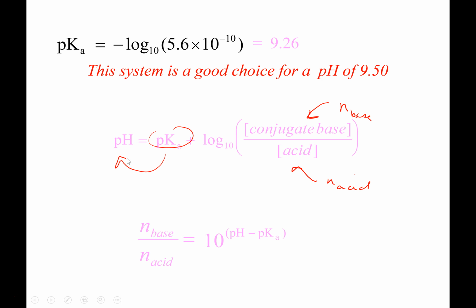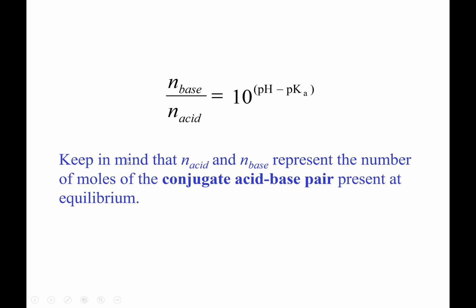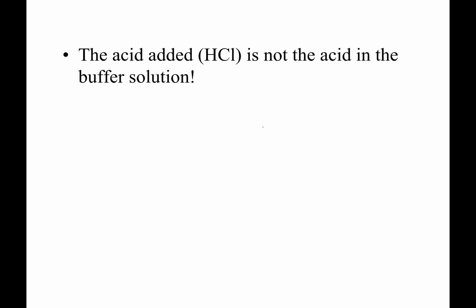So, where does that get us? Keep in mind that the base here is going to be NH3, and the acid here is going to be NH4 plus. You might think that the more we convert NH3 to NH4 plus, we're going to lose NH3, and NH4 plus is going to build up.